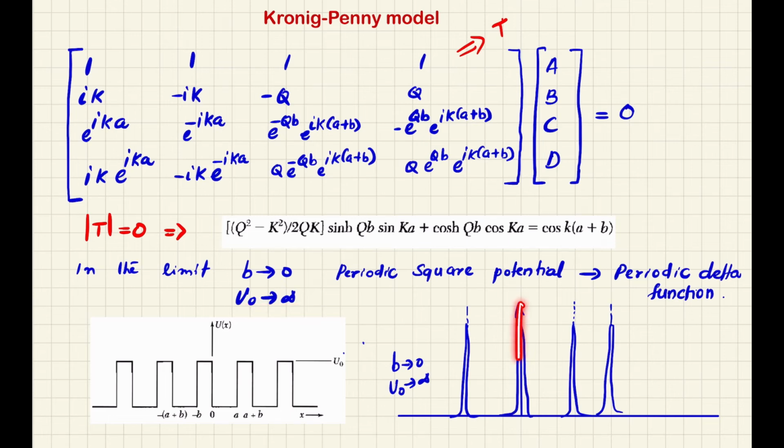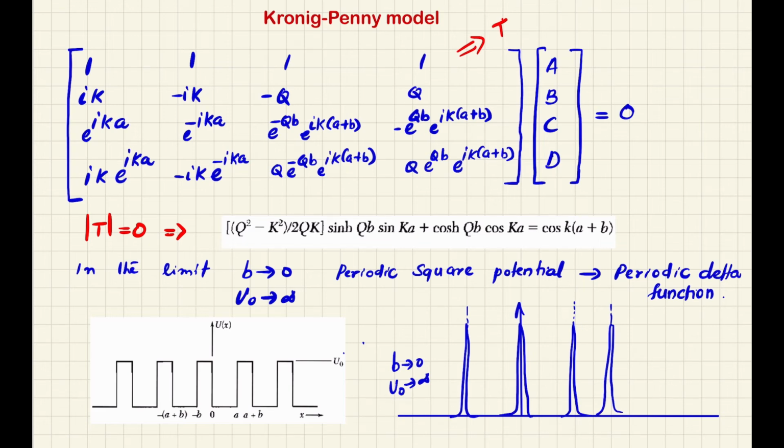This height is infinity. So there are two assumptions: the thickness is 0 and the height increases to infinity. In this limit the potential looks like a periodic delta function, so you can find the solution in this limit, which looks very simple.